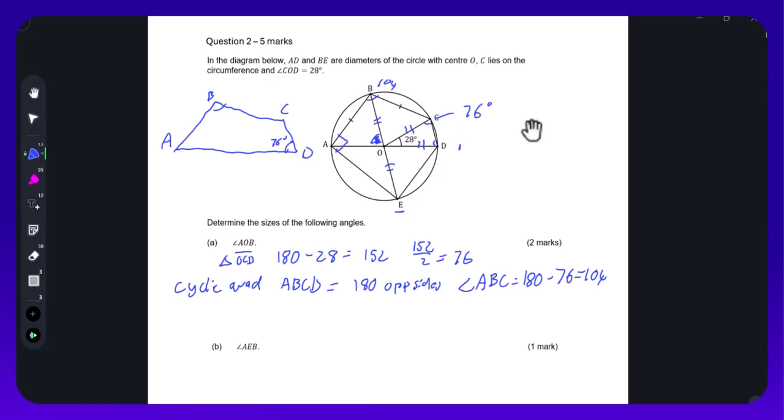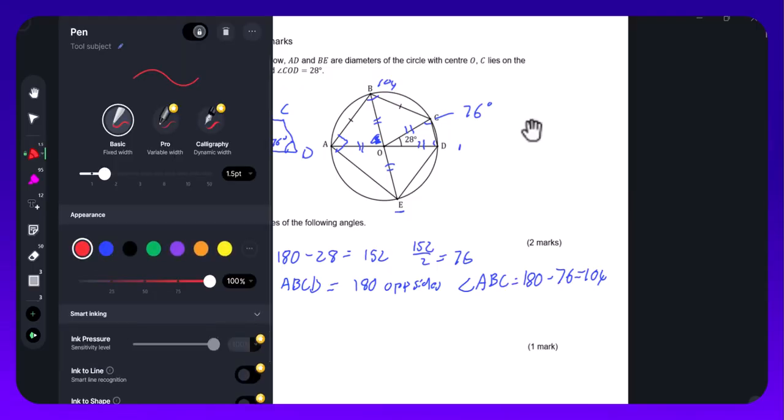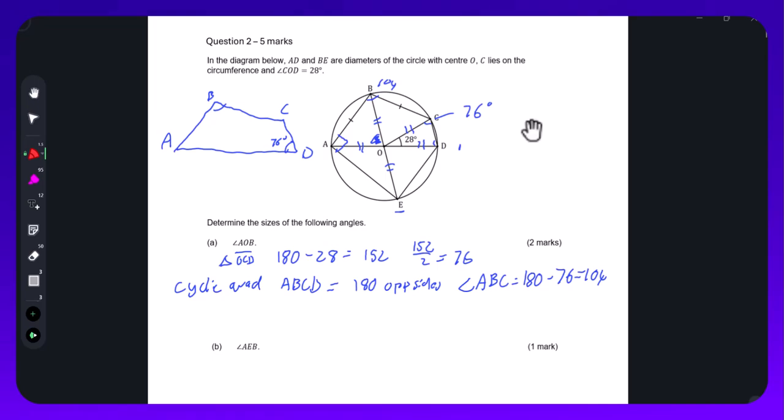But, I forgot to mention that that's a radius as well, because triangles ABO and BCO are identical, that actually means that they're going to have identical angles. That means that angle of 104 has actually been bisected. So that means this one in here is going to be 52, just like the one next to it would also be 52.